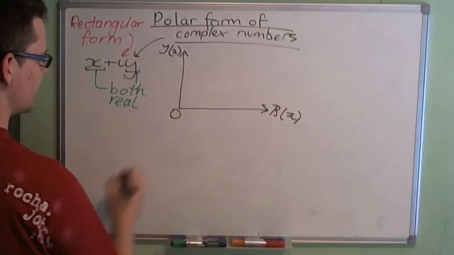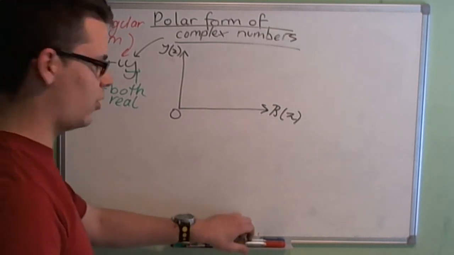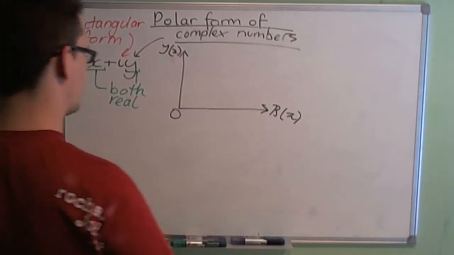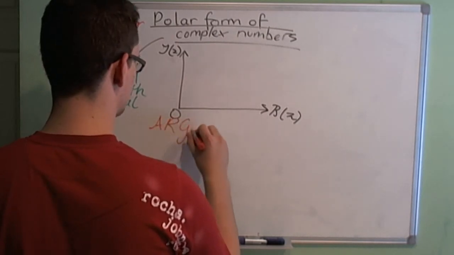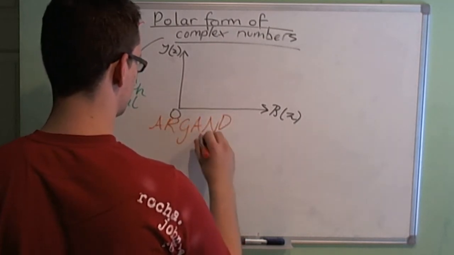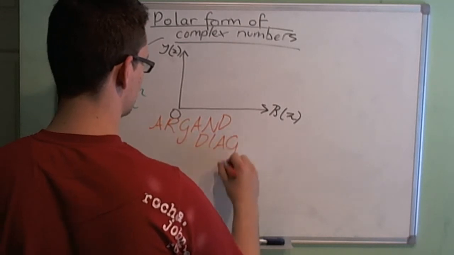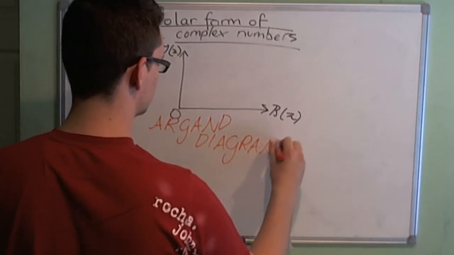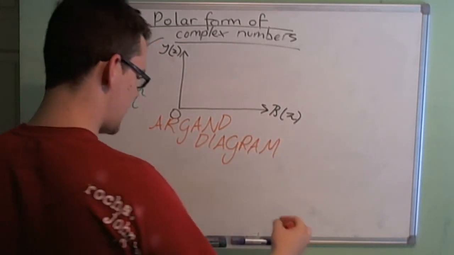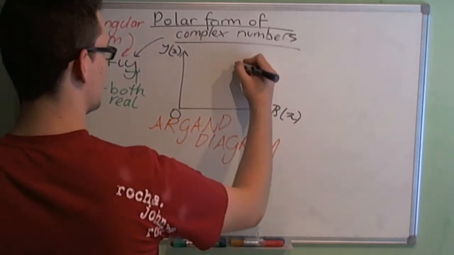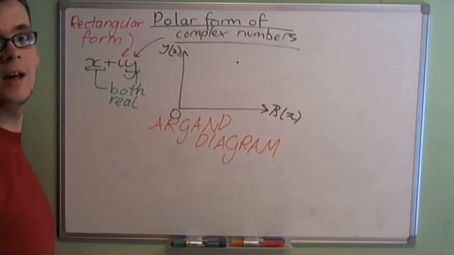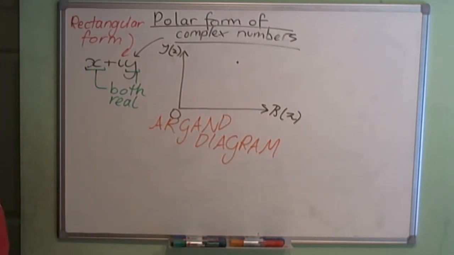This is the origin, and this is called the Argand diagram, or the complex plane. Any complex number can be represented in it geometrically by a point, rather like the xy Cartesian axes.